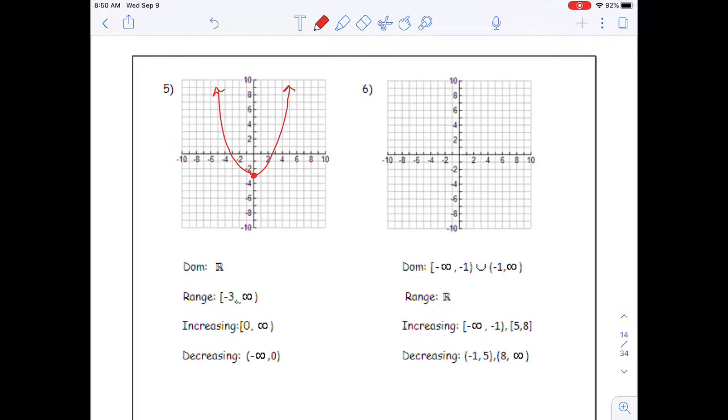The next one, we have to go domain from -infinity to -1, and then from -1 to infinity, but there's not going to be anything at -1. So that would mean we probably have a hole in the graph. It increases from -infinity to -1, so we could just say, okay, I'm going to increase from -infinity up to -1. So let's just go, we'll go to right there.